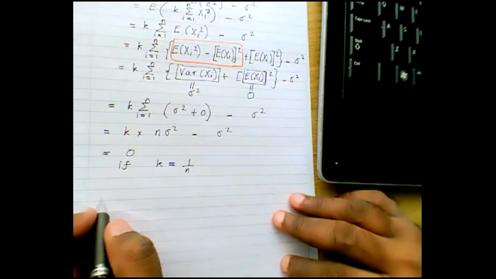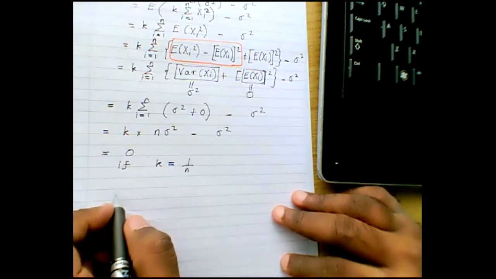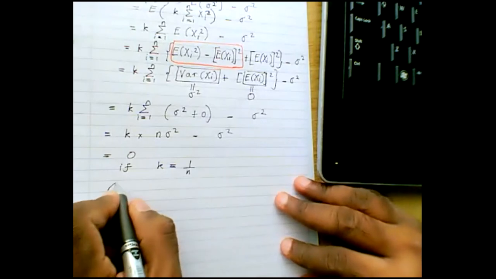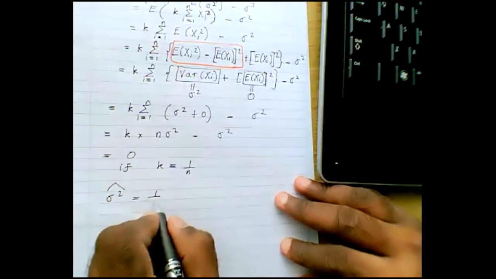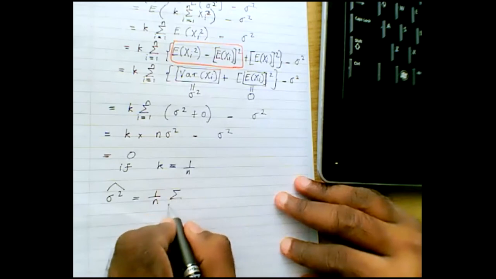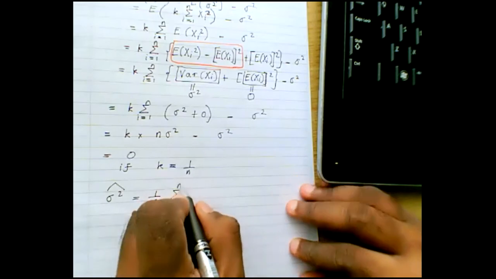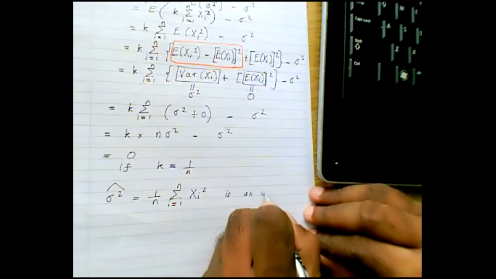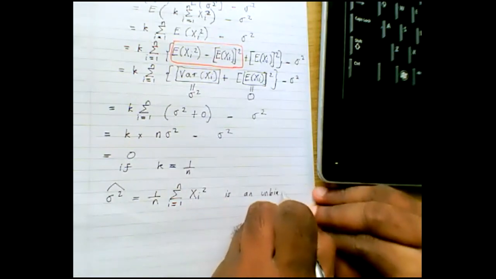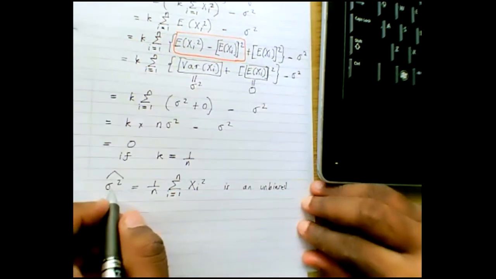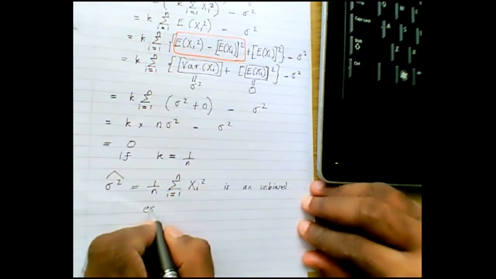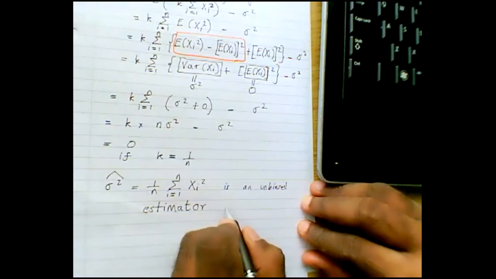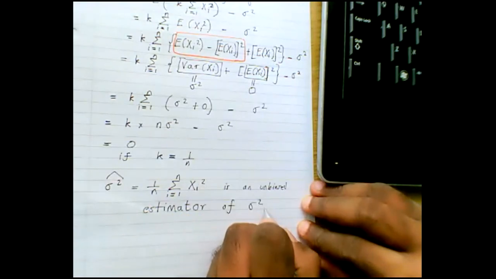So what I have shown so far is that the following estimator, with k equal to 1 over n, is an unbiased estimator of sigma squared.